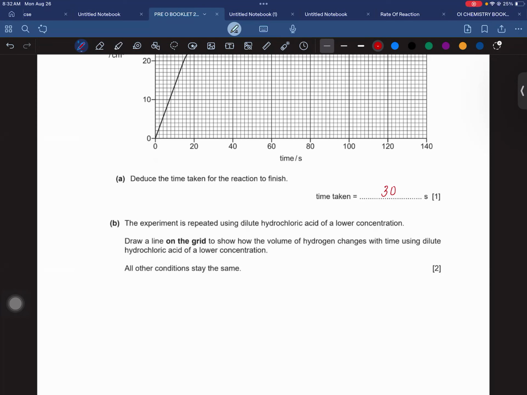Yes. What do you think regarding this? The reaction is slower, so it will be shallower.